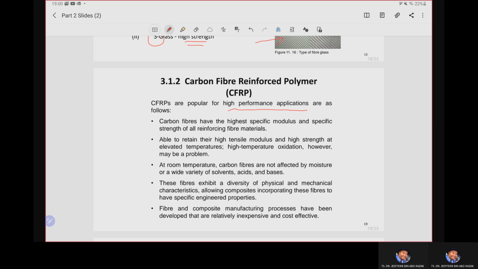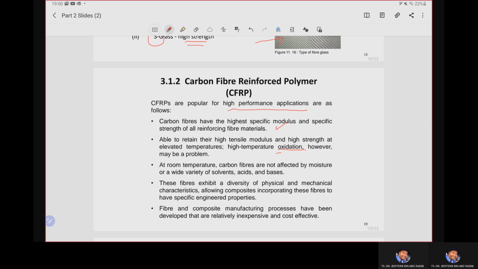Carbon fiber possesses the highest specific modulus and specific strength compared to other reinforcing fiber materials, so it is able to retain high tensile modulus and high strength at higher temperature with oxidation resistance.